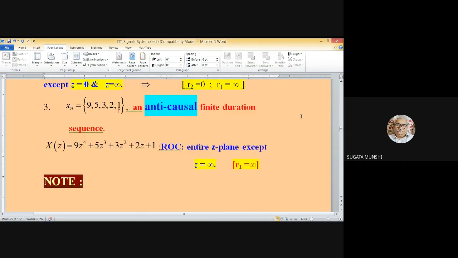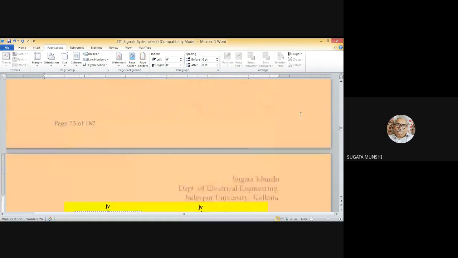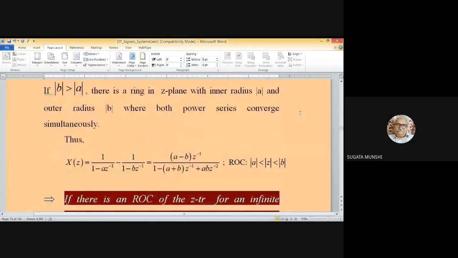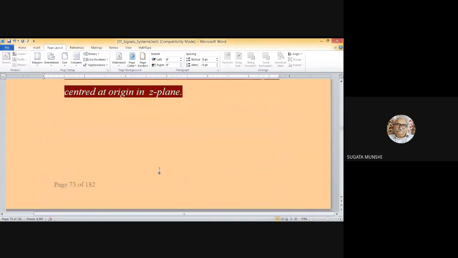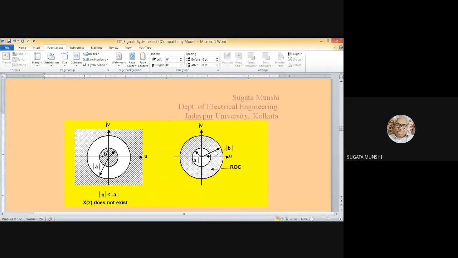Just see here. Where are the poles located? Here. z equal to b and z equal to a, isn't it? Yes, sir. So here this is a, this is b. So one pole is lying here, another pole is lying there. This is one of the boundaries between the region of convergence and region of divergence.